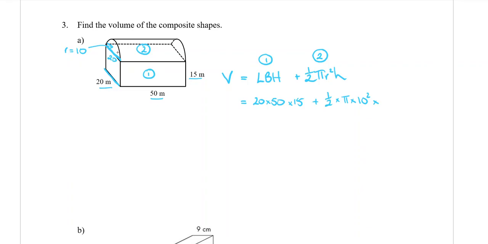Now the cylinder's lying down, so because I have my half a circle here, the height is going to be the one going away from that circular end, which is going to be the 50 from down here again. Type that whole thing in your calculator, and you will get 22853.98 meters cubed. We're not asked to convert this one into capacity, we've just asked to find the volume, so that's it.